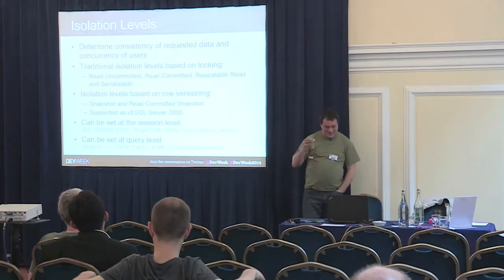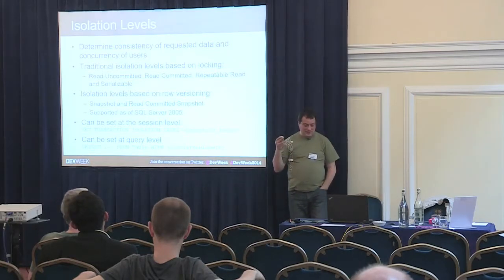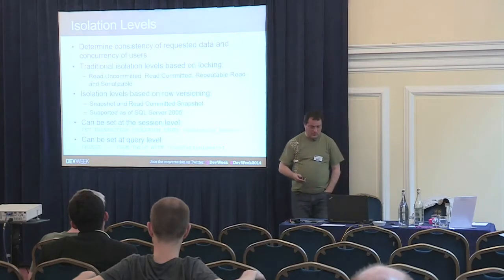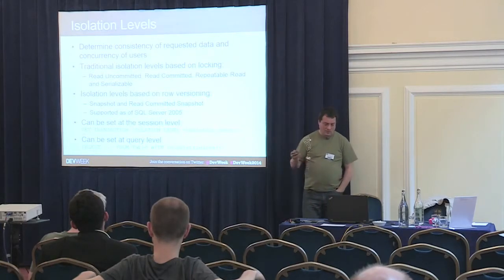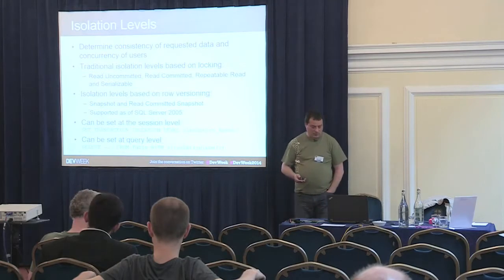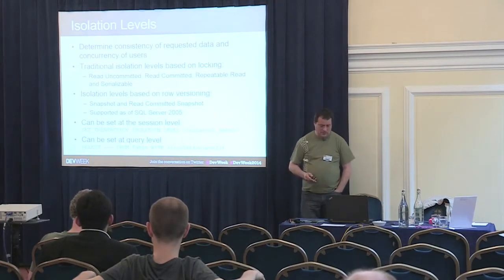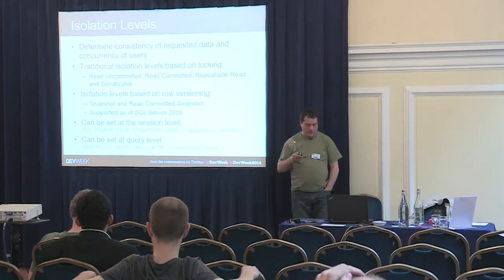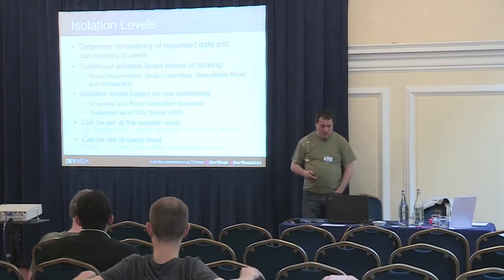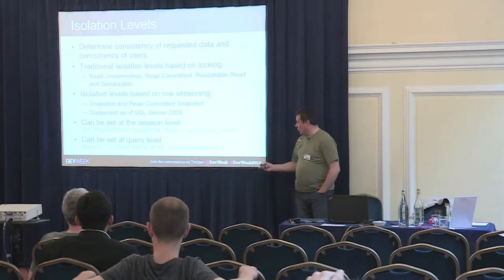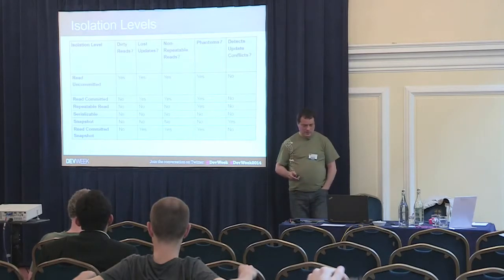Let's see. So yes, we mentioned isolation levels based on row versioning, snapshot and read committed snapshot, which are supported as of SQL Server 2005. And we saw that isolation levels can be set at session level or at query level with specific hints.